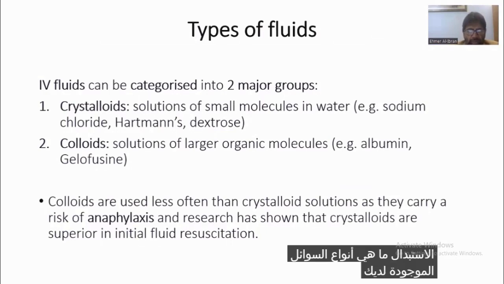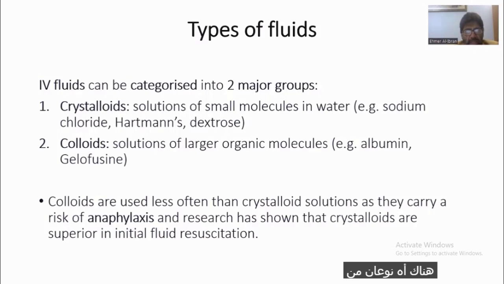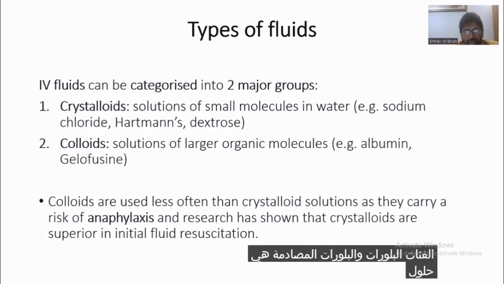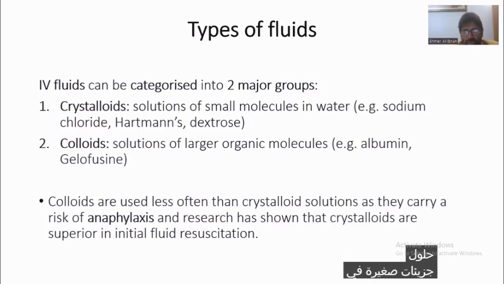What are the types of fluid you have? There are two categories, crystalloids and colloids. Crystalloids are the solutions of small molecules in water. The main ones are sodium chloride, Hartmann's and dextrose.